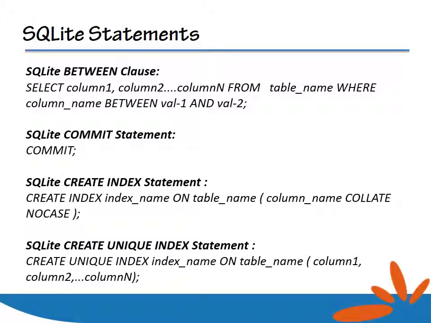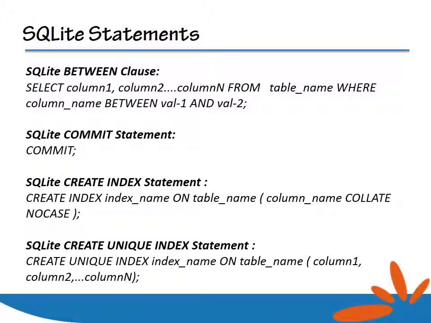For example, if you want to create a unique index statement, the code is create unique index, specify the index name, on, specify the table name, open and close parentheses, then specify the first column going to the last column.